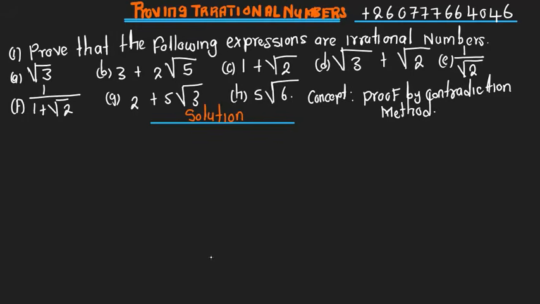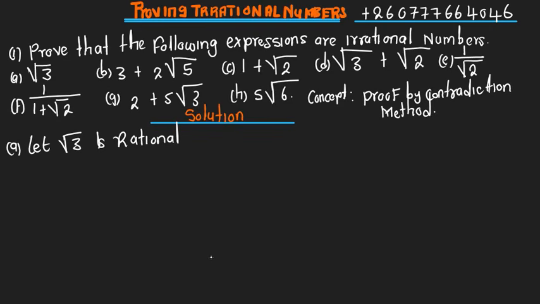What does this imply? In order for us to prove that root of 3 is an irrational number, we will need to make an assumption that root of 3 is actually rational.